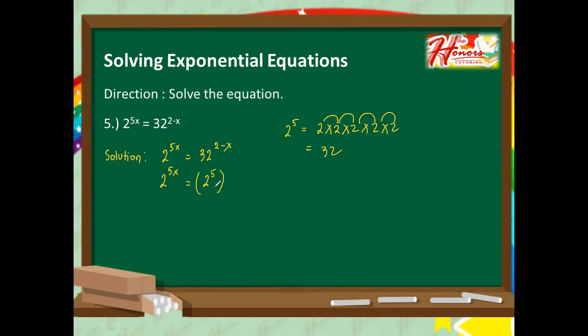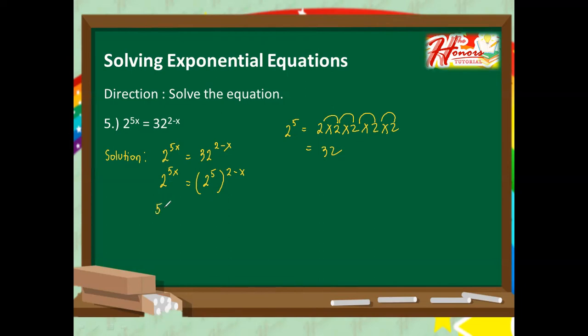So therefore, we can use 2 raised to 5. So that's 2 minus x outside the parenthesis. And then again, we will focus at the exponents that we have, both left and right equations.